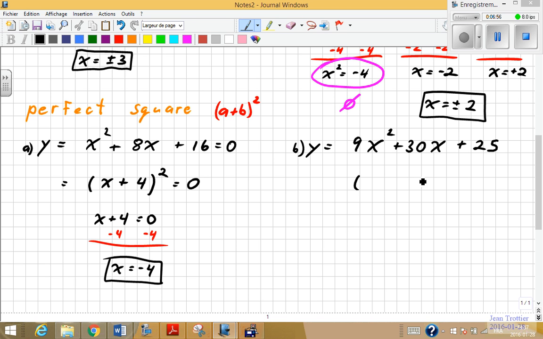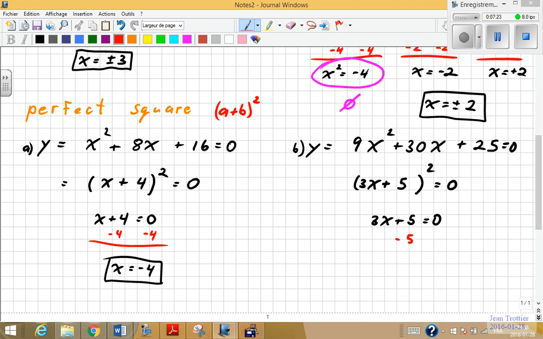So erase my little test. What I will write is a bracket to the power of 2. We'll have 3x. We take the sign from the middle, which is plus, and I take the root of 25, which is 5. So to solve this, it has to equal 0. So we end up with 3x plus 5 equals 0.